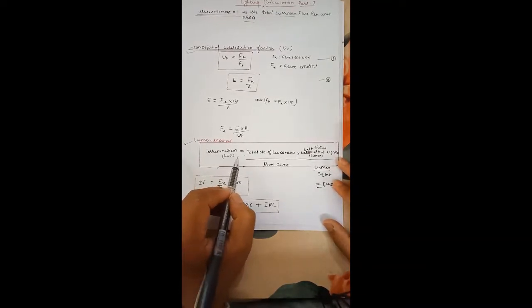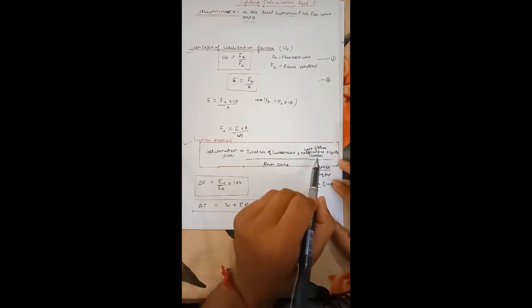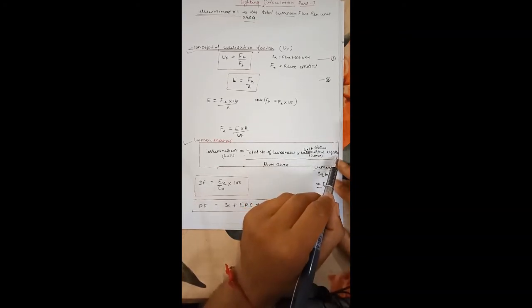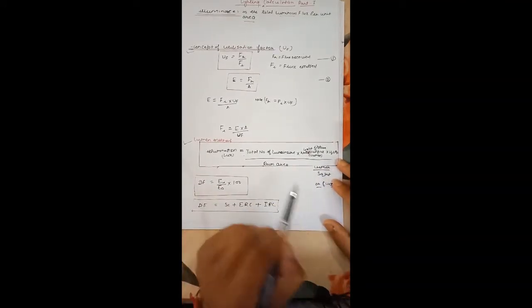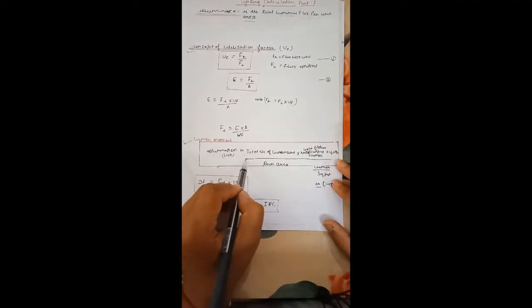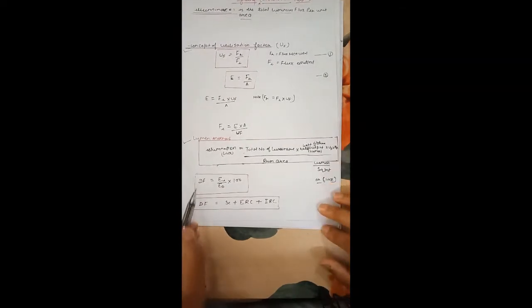Illumination lux is equal to total number of luminaries into light fixture's rated output, एक light fixture का कितना होता है, into utilization factor and maintenance factor by room area, and we can put the values here and find different values. So this is also the important formula.